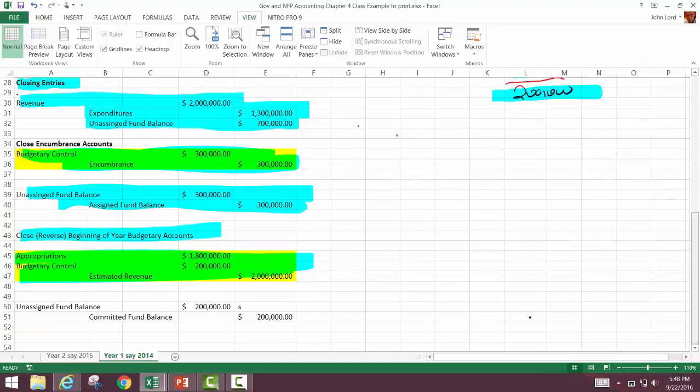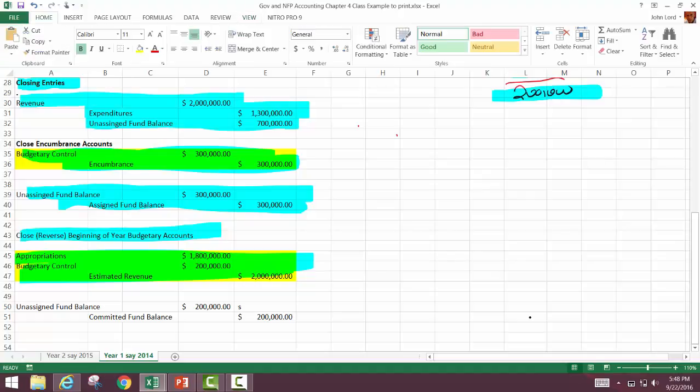That's all zero. And then this government decides, well, you know what? That 200,000 of budget authority that we haven't used up yet, of the appropriation that we haven't decided how we're going to use yet, we're going to mark that as committed. That's committed for some purpose.